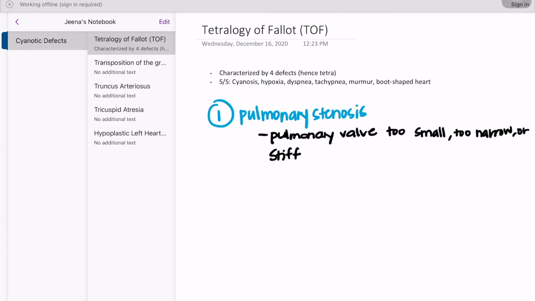And this is the valve that connects the right ventricle to the pulmonary artery.